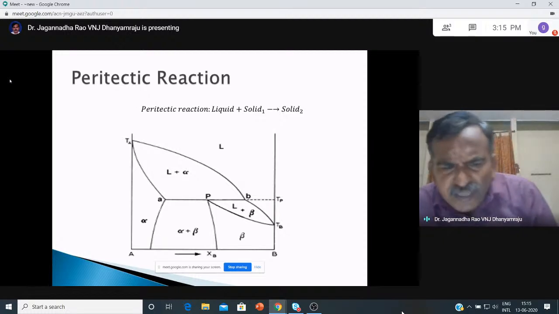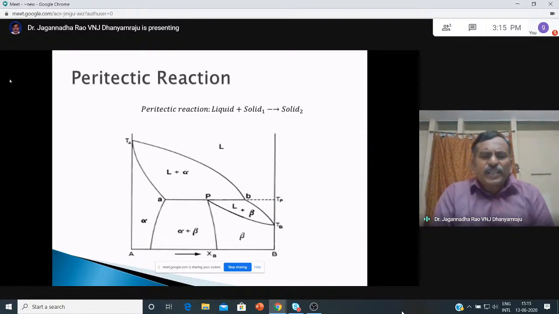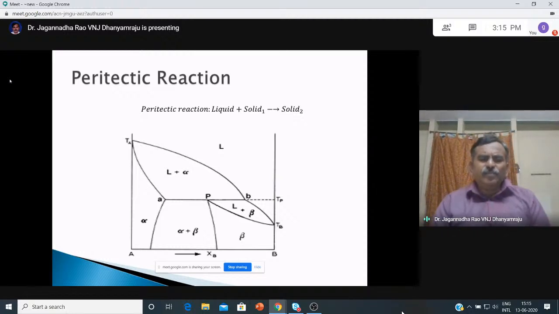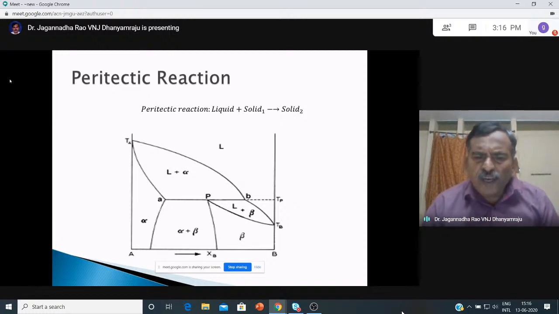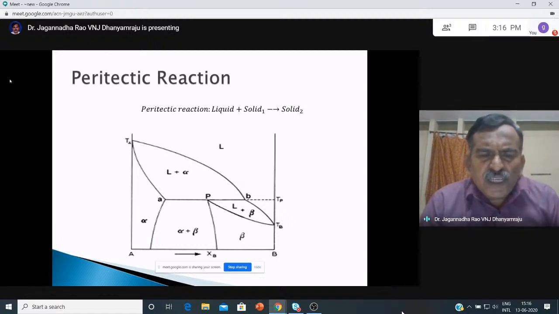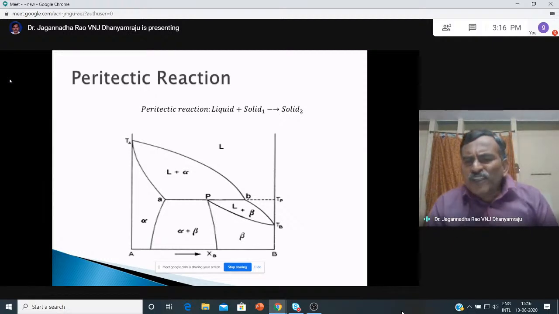See here in this figure, if you observe this phase diagram, of course there is a homogeneous liquid. At the left hand side there is a solid solution alpha, and at the right hand side below there is a solid solution beta, and there are the two phase regions, liquid plus alpha, liquid plus beta, and alpha plus beta.